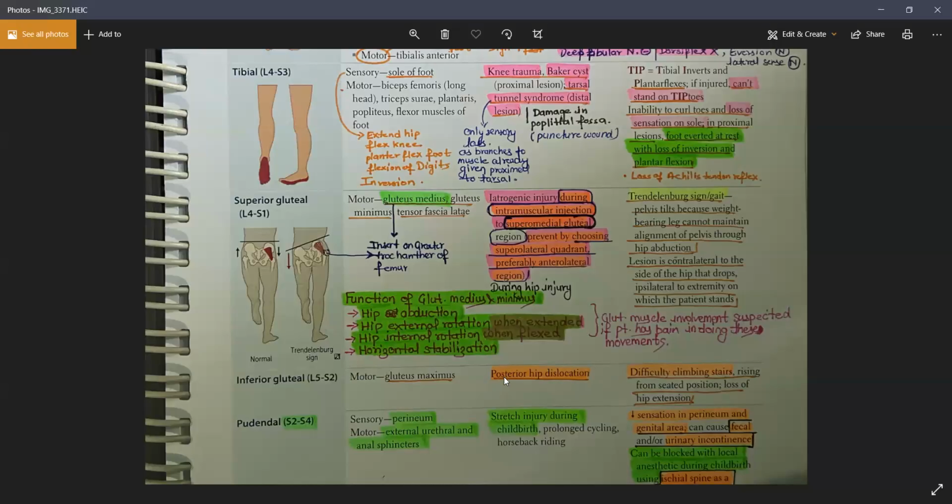And whenever the nerve gets damaged, you won't have this extension at the hip. Okay, so the patient will be having a difficulty climbing the stairs. Patient will be having a difficulty rising from the chair. Okay, and yeah, you will also have a loss of hip extension. So any doubt on the inferior gluteal nerve?